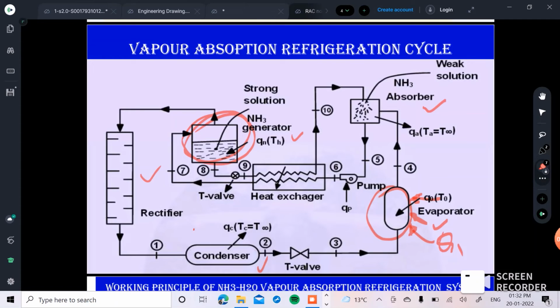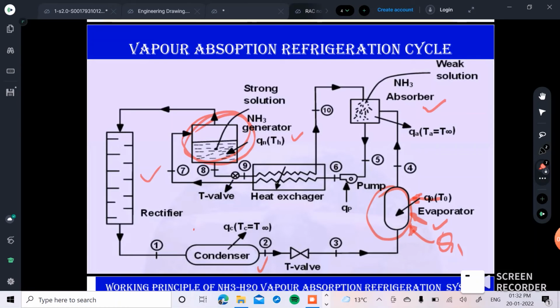The hydrogen, being insoluble in water, is separated and flows back into the evaporator as shown in the figure. The strong solution leaving the absorber enters into the generator. Again and again the cycle is repeated.